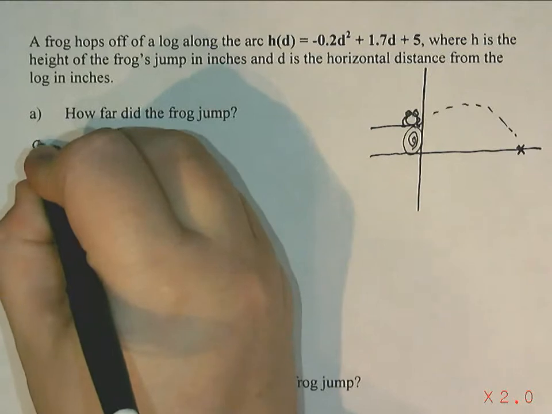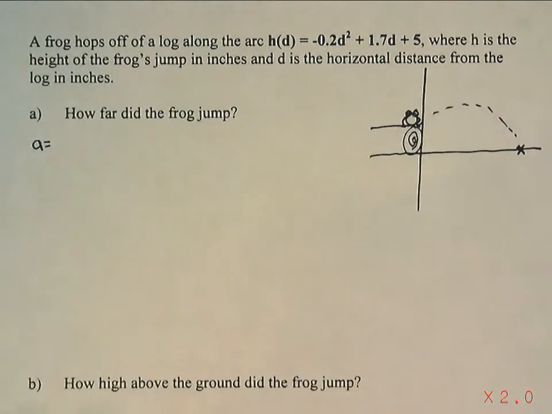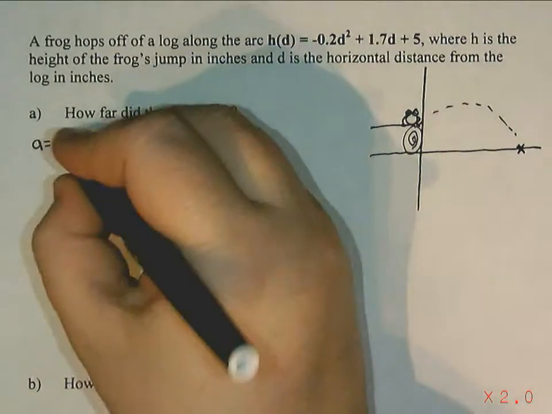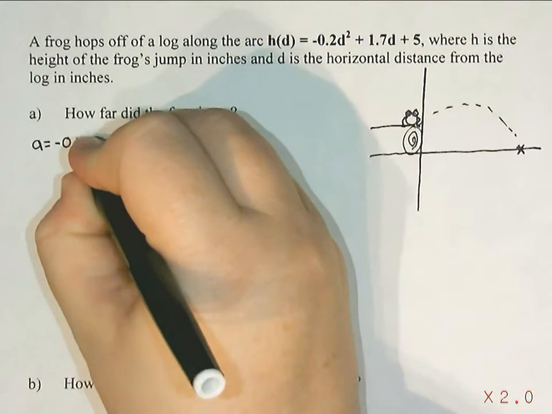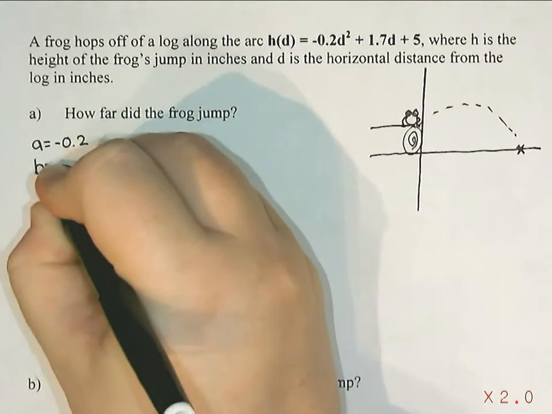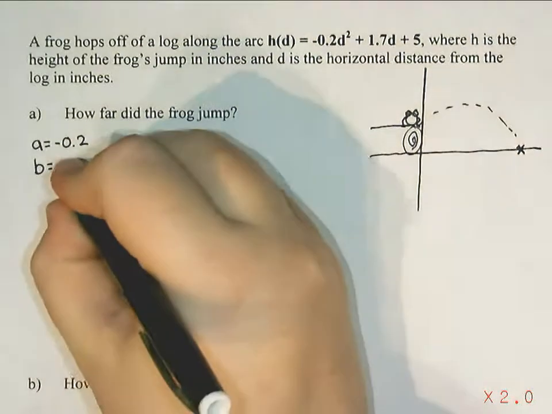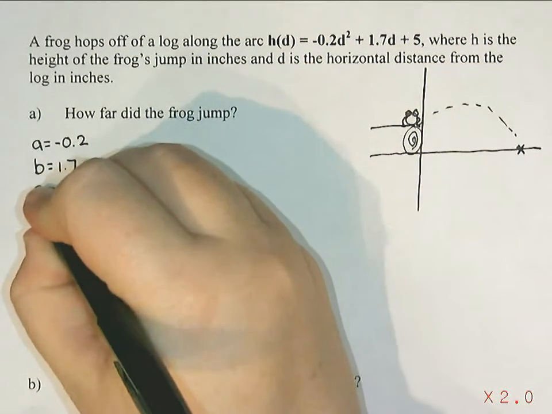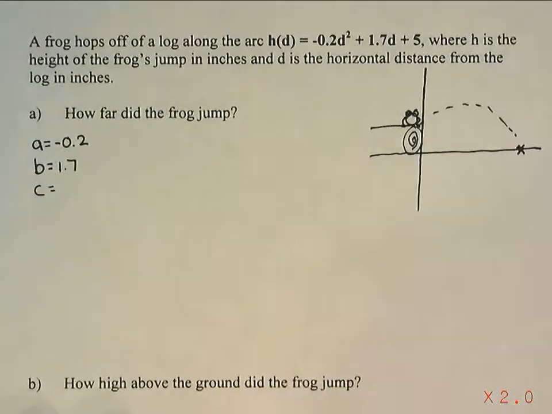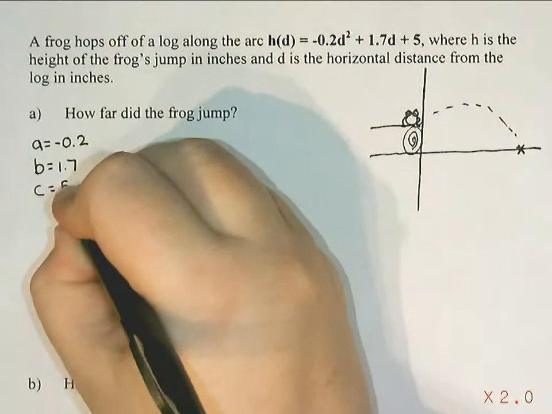So a is going to be the number in front of our x squared, and in this case it's a d squared, so it's negative 0.2. Our b is the number in front of the x, or in this case the d, which is 1.7, and the c is our constant at the end, which is 5. Okay.